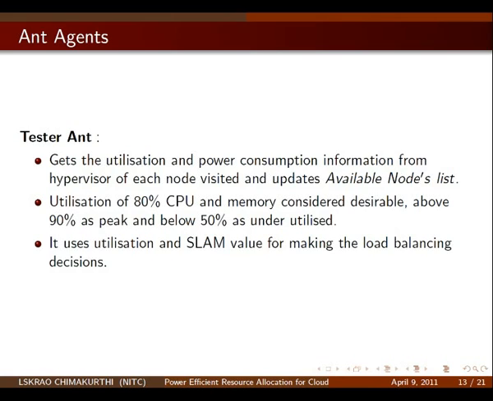Depending upon this utilization information and the SLAM value gathered by the tester ant, it makes the load balancing decisions. And also if the utilization of a certain node is less than 50%, then it is very lightly loaded, so we can move all the VMs in this node to some of the power efficient nodes above this node in the available nodes list, so that this node can be powered off and the power consumption of the nodes is reduced.